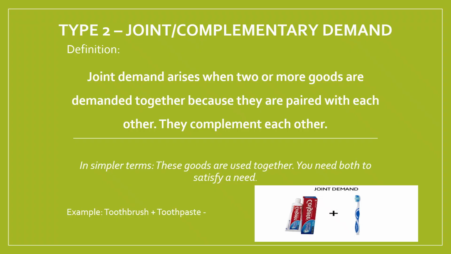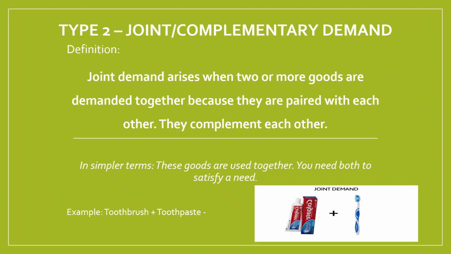When demand for toothbrushes increases, demand for toothpaste also increases. They move together. So for example, we have toothpaste and brush as we have in the picture over there. Now, in our Ghanaian setting, let's have some more examples to give us a deeper understanding of this type of demand.